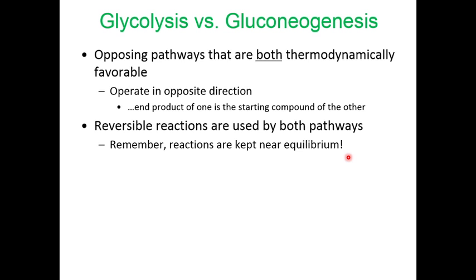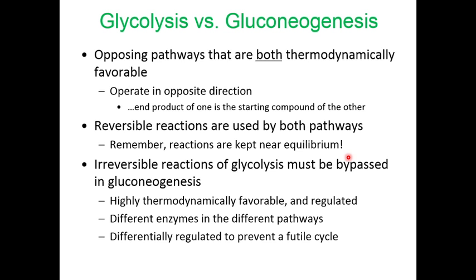And those reactions are kept at near equilibrium, and that is for a reason. Irreversible reactions of glycolysis must be bypassed in gluconeogenesis because they are highly thermodynamically favorable and regulated. There are different enzymes in different pathways, differentially regulated to prevent a futile cycle.